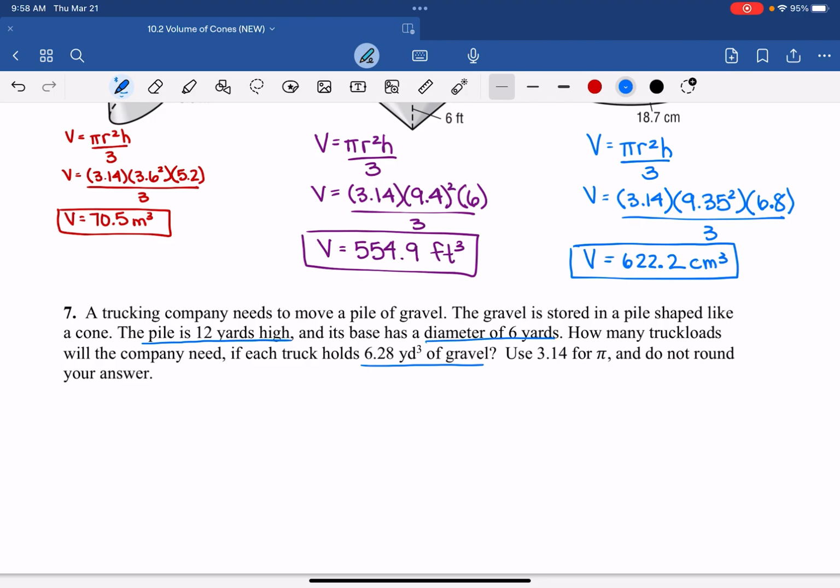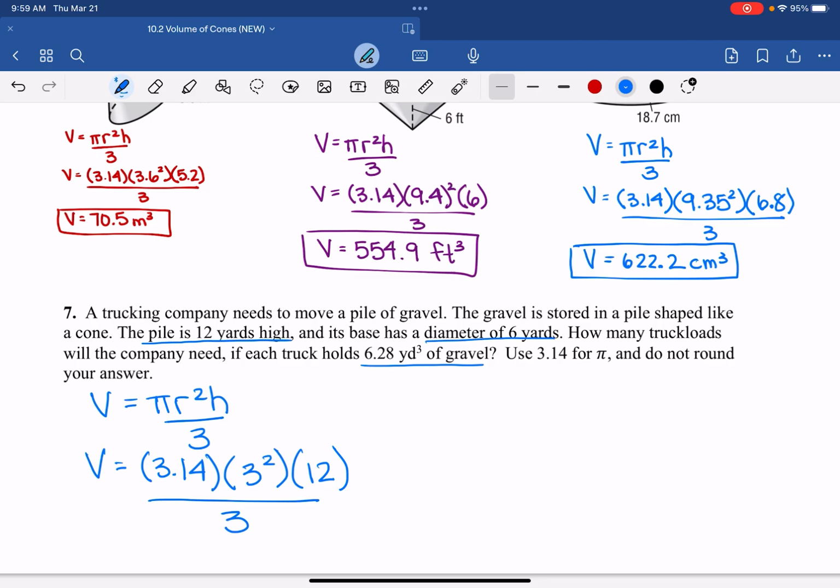Okay, so we're going to start by finding the volume of this cone. So I'll write down the formula and then fill in what I know. So I know 3.14, the diameter is 6, so that means that the radius is 3. So 3 squared, and the height is 12. Divided by 3. So after I put that in the calculator, you should get 113.04 yards cubed.